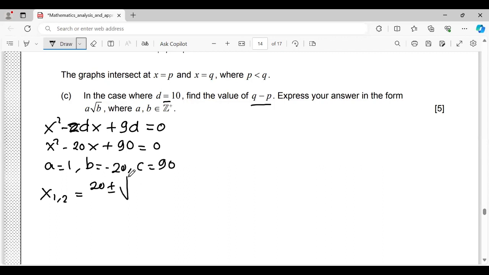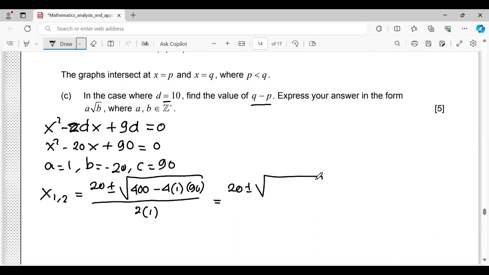20 plus or minus the square root of 20 squared, which is 400, minus 4 times 1 times 90, over 2 times 1. So it's going to be 20 plus or minus the square root of 400 minus 360, over 2, and it's going to be 20 plus or minus the square root of 40 over 2.